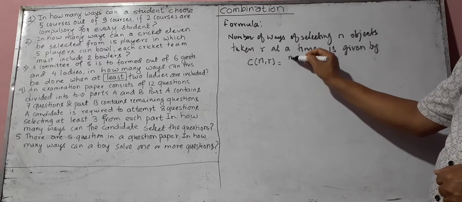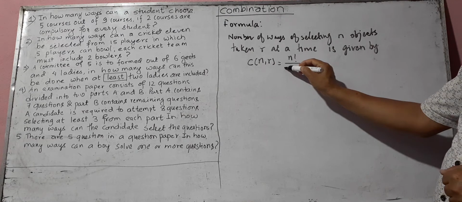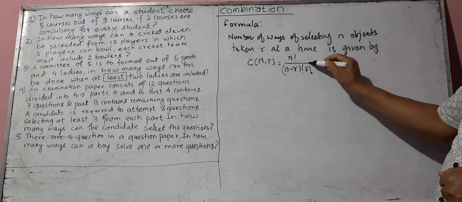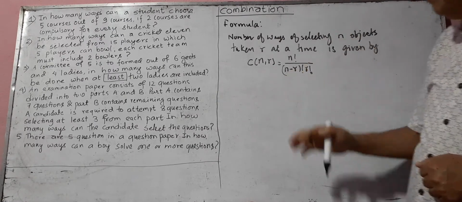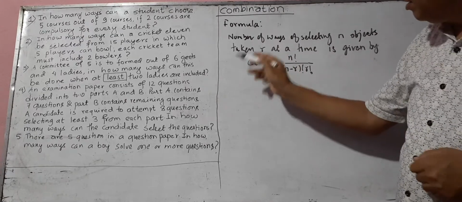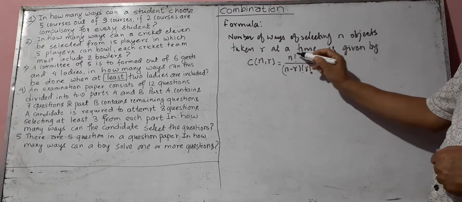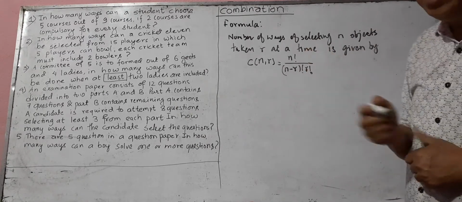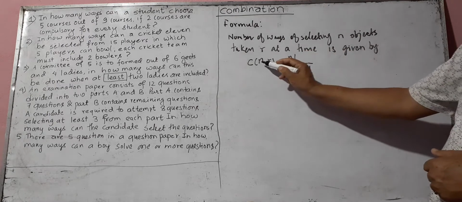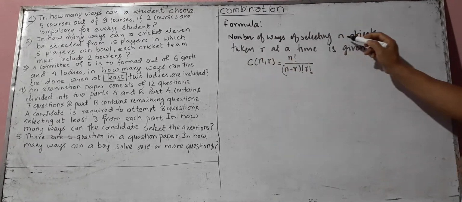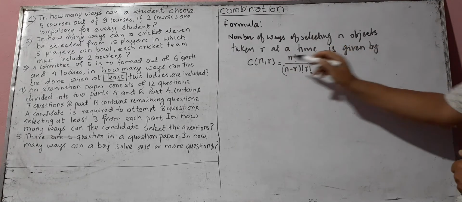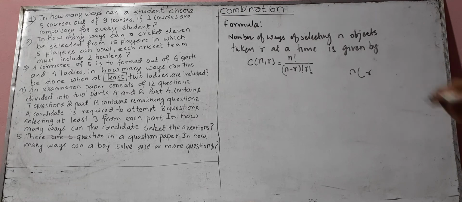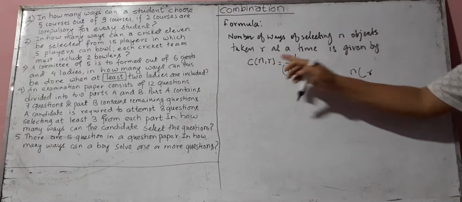nCr equal to n factorial divided by (n minus r) factorial times r factorial. This is the formula that we derived in class. I will not derive it here. Also, I assume that you know the factorial notation. So the number of ways of selecting r objects from n objects is given by nCr, and this nCr is sometimes written as Cn,r.